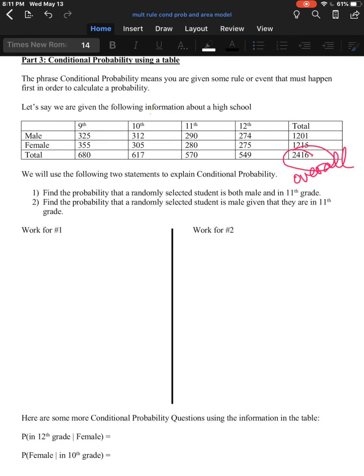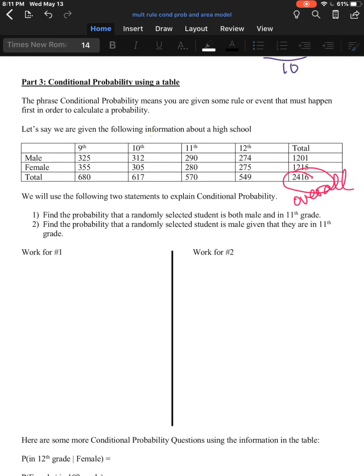Okay, so let's begin. Let's find the probability that a randomly selected student is both male and in 11th grade. So essentially we're looking for a male 11th grader. On the male line, we've got 9th graders, 10th graders, 11th and 12th. We are interested in the males that are 11th graders.